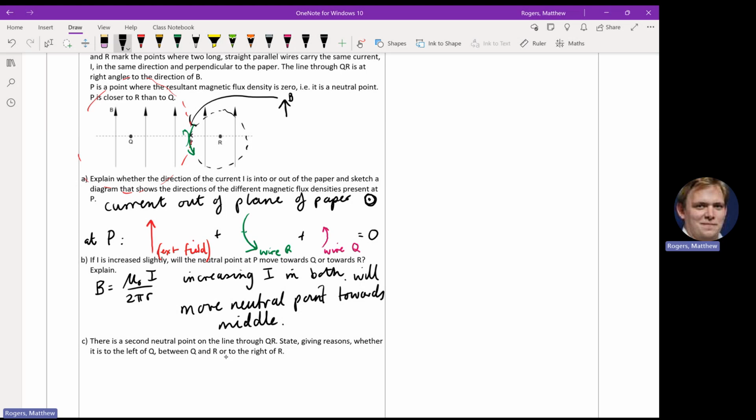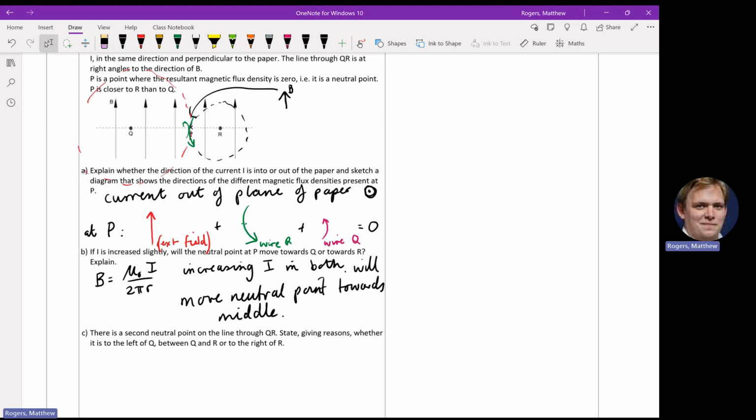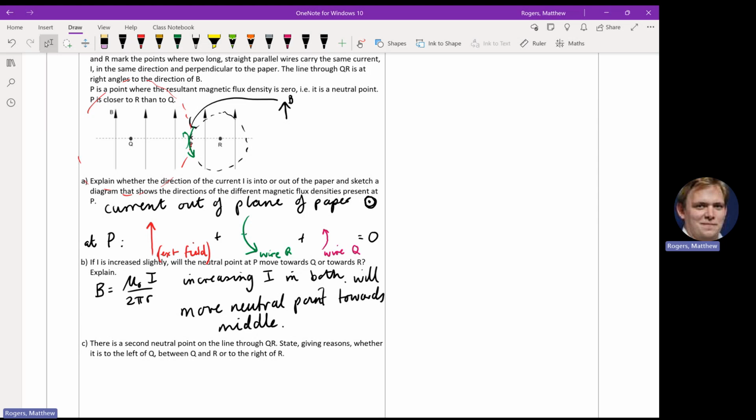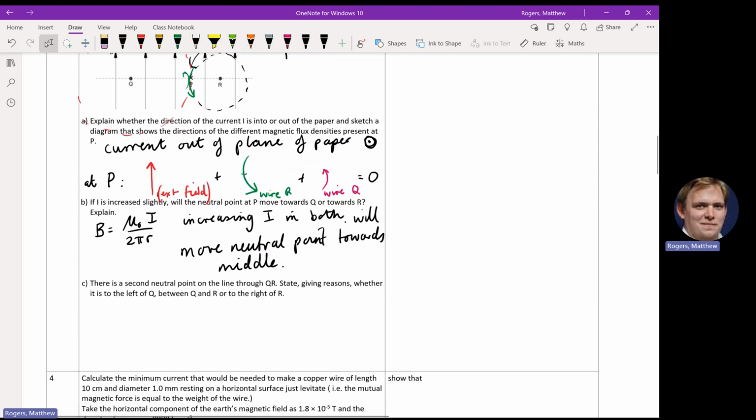There's a second neutral point on the line through QR. State giving reasons whether it is to the left of Q, between Q and R, or to the right of Q. So we'll quickly sketch out this diagram.